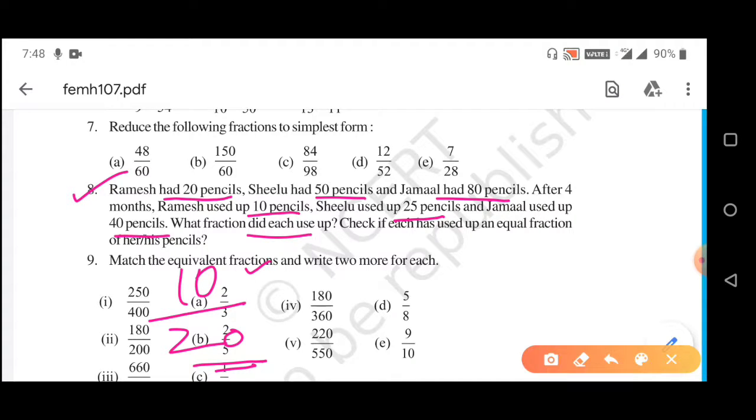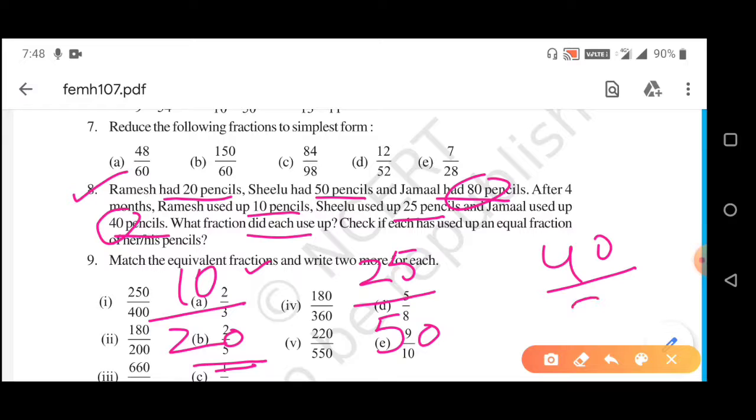Shilu used up 25 pencils, so the fraction Shilu used up will be 25 by 50. And Jamal had 80 pencils and used up 40 pencils, so you can write the fraction as 40 by 80.